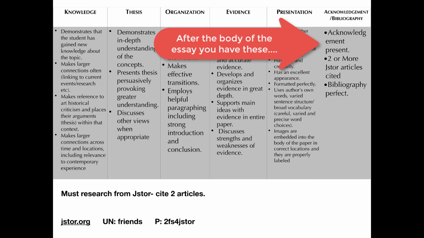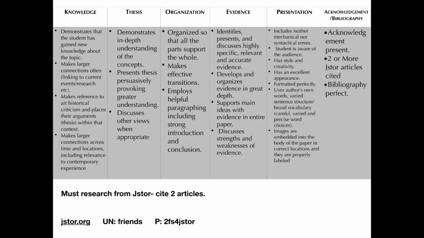For acknowledgement, if you do this on your own and you haven't received anything back from me, and you've talked to nobody at school, no teachers, no friends, no anybody, then you just say acknowledgement: none, okay? But if I've given you support, you say acknowledgement: Jesse Pasca.